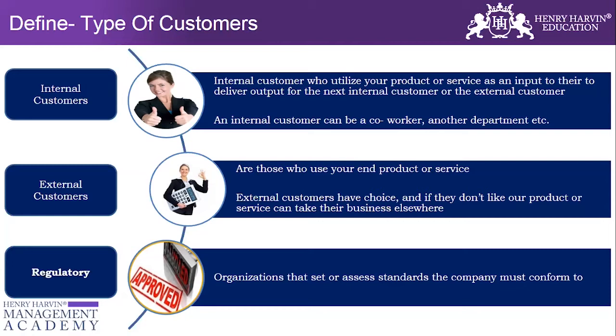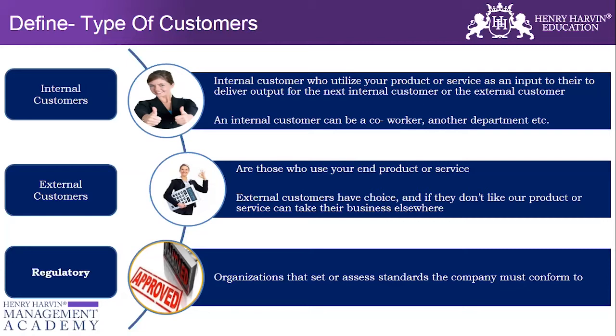So we'll talk about who is an external customer. Any customer, any consumer who is using the end product or service is called an external customer. For example, when we buy any product or service, when we walk into a restaurant, when we order any product using Amazon, when we buy any subscription like Amazon Prime membership or Netflix membership, we all are external customers because we are the end customer. We are not going to give that service or sell it to somebody else.